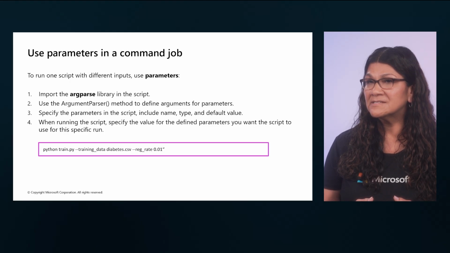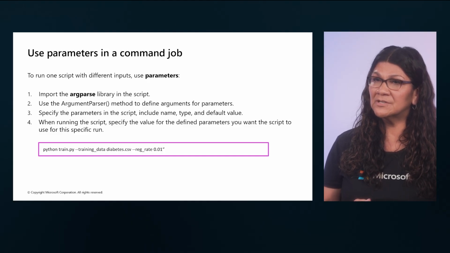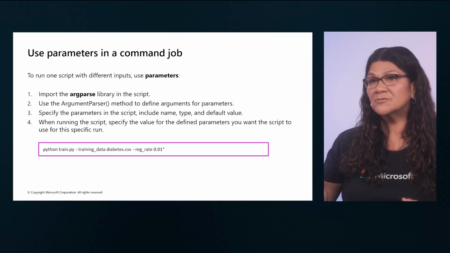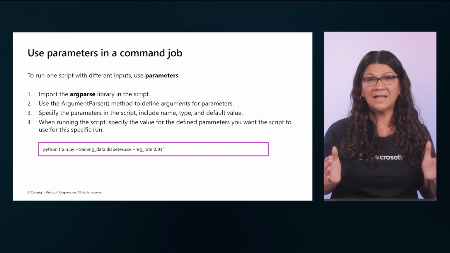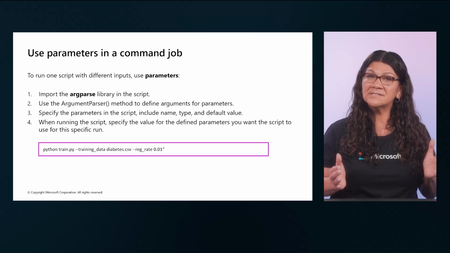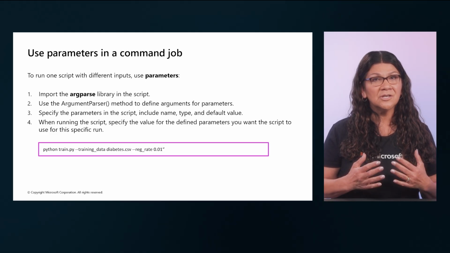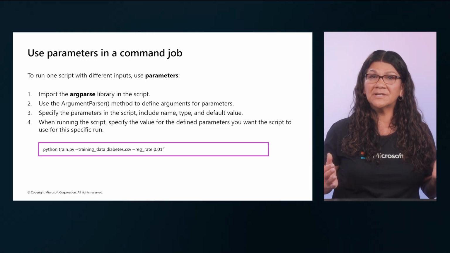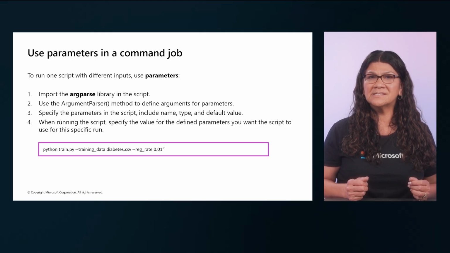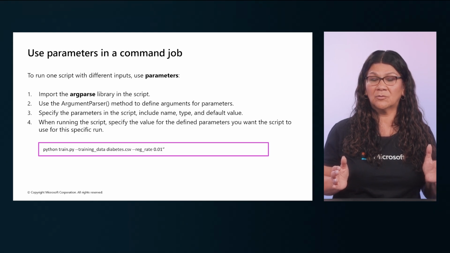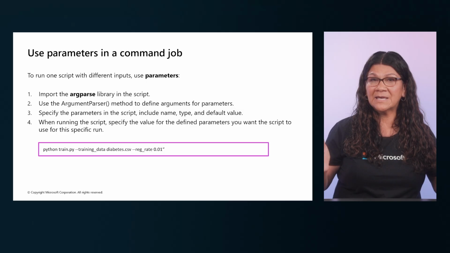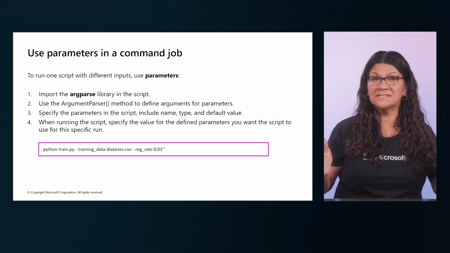The command is the same when testing the Python script in a terminal or when you're running the script as a command job. So the exact invocation you validate locally is the one you submit to Azure ML. No rewrites, just a different execution environment. Consider that you're tuning a diabetes classifier and want to sweep reg rate across values where keeping the script identical is needed.